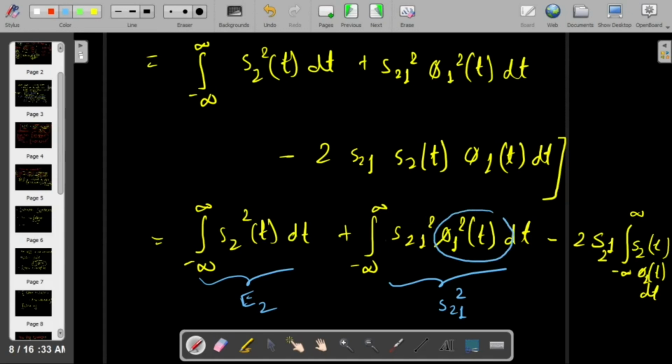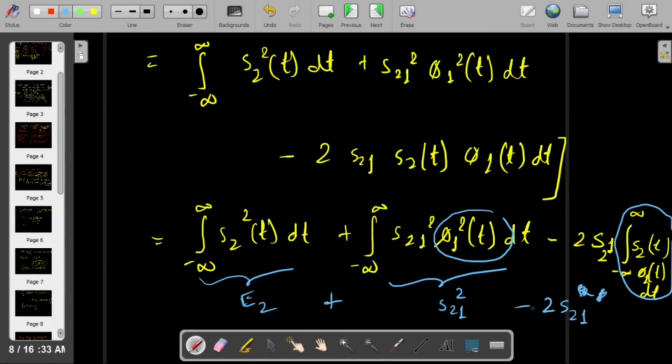S21 is constant, so it will be outside, and the integration of phi 1 square will be 1, right? And this middle term will be written as twice S21, and this is also the definition of S21, so we have S21 square. So at the end we have E2 plus this thing minus 2 times this thing, which is a square.